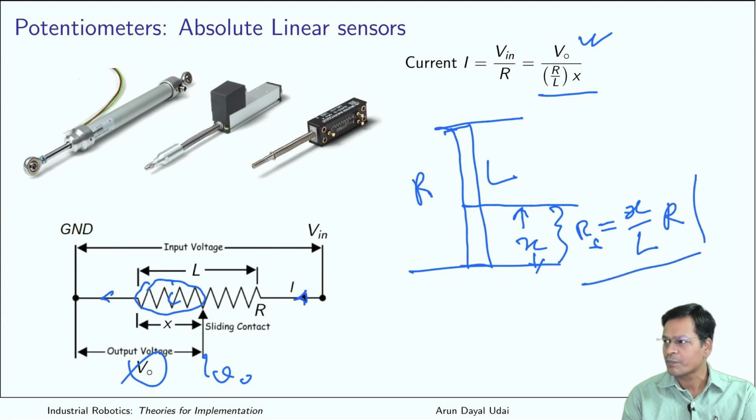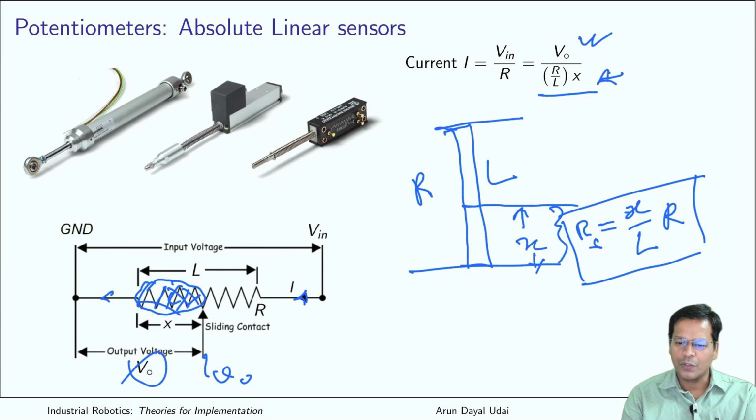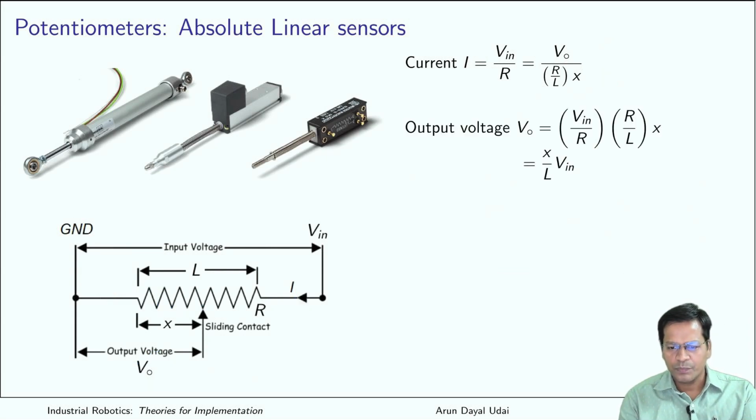So this is the resistance for this small strip which is covered here. Okay, so this is the resistance. So I move ahead and do some cross multiplication from here to here, you see. So voltage output is equal to V in divided by R by L times X.